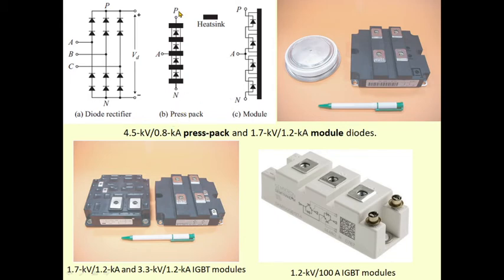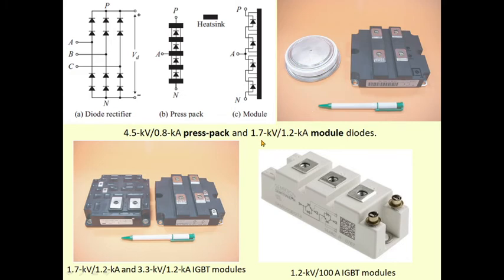Okay, so this is press pack. That means we have installed the IGBTs over here and we have pressed it, and this is used for higher voltage ratings. For lower voltage ratings, if you see over here, it is 4.45 kilovolt, 0.8 kiloampere.